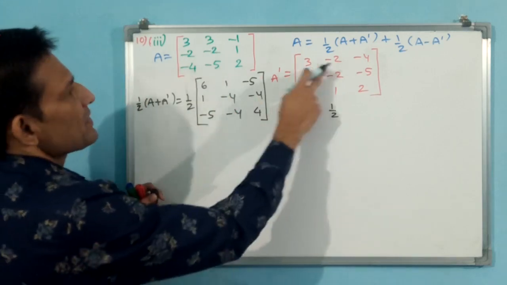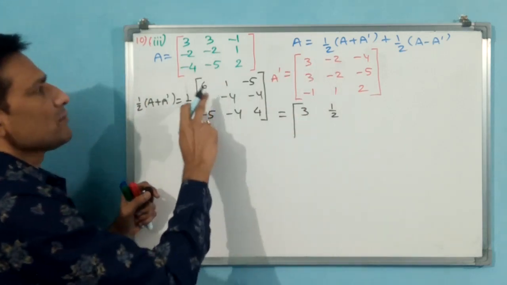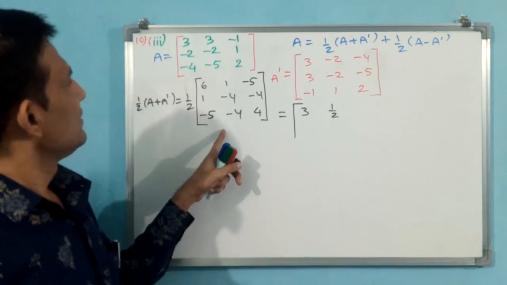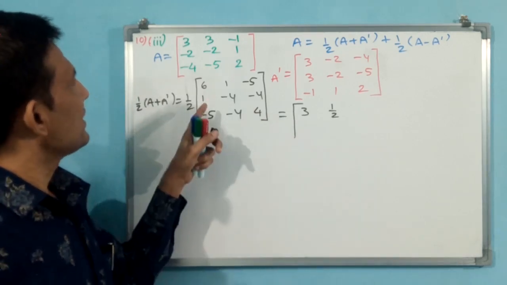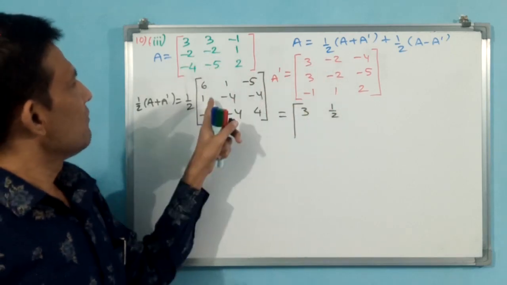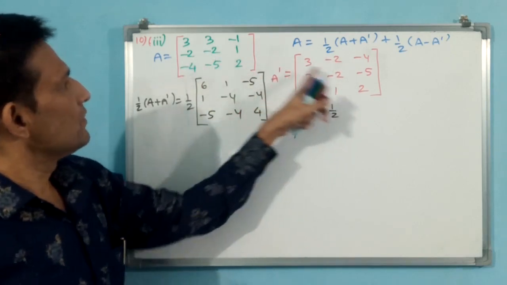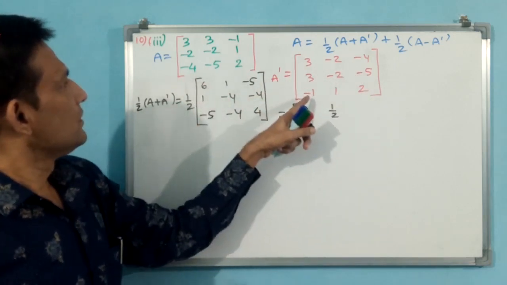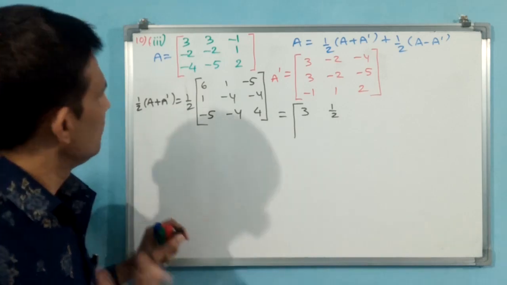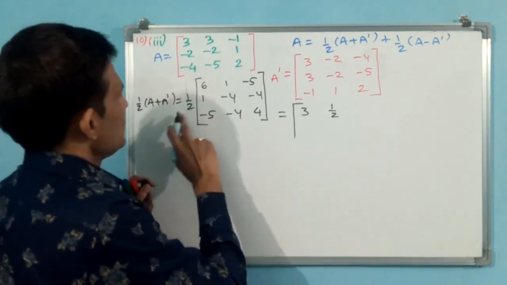Have you made any mistake here? Because after coming back it will be trouble. So the matrix is 6, 1, minus 5; 1, minus 4, minus 4; minus 5, minus 4, 4.